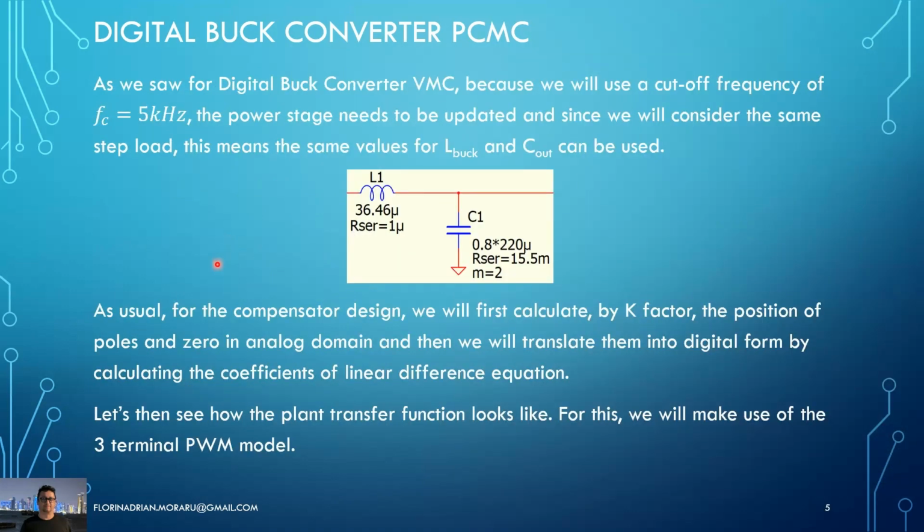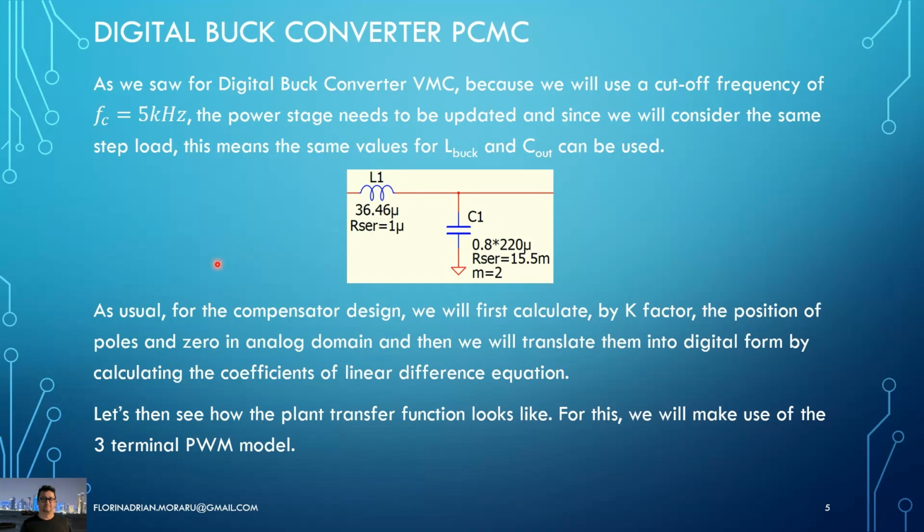Okay. Then we know already from the digital buck converter with voltage mode control that we need to target a smaller cutoff frequency, something like switching frequency over 20, mainly because we have a phase erosion mechanism.